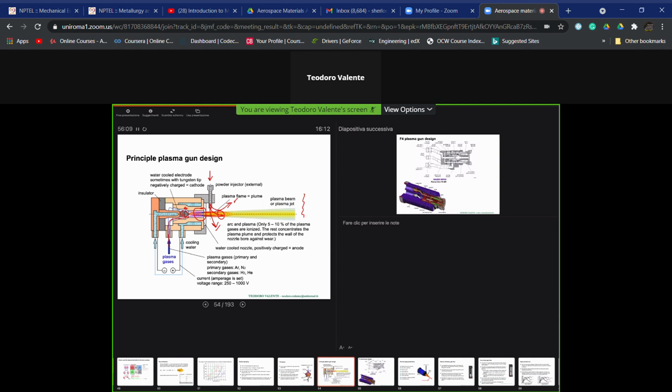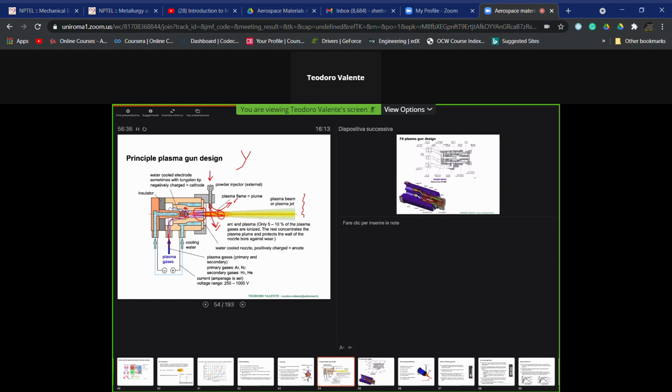We do have the necessity to cool, you see here, cooling water, due to the fact that at the tip of the cathode the arc is formed.